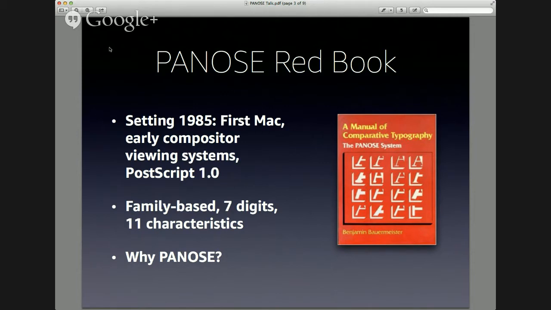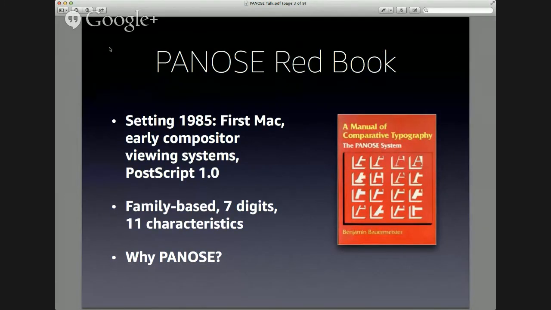There's only one page in the whole book that was done using PostScript, and my publisher thought I was some sort of mad science genius that I could put together this page that was a page inside of a page and had call-outs, and there was no glue marks and no blue lines on it. It was really revolutionary. So that's kind of the time period that we're at when PANOSE first started.